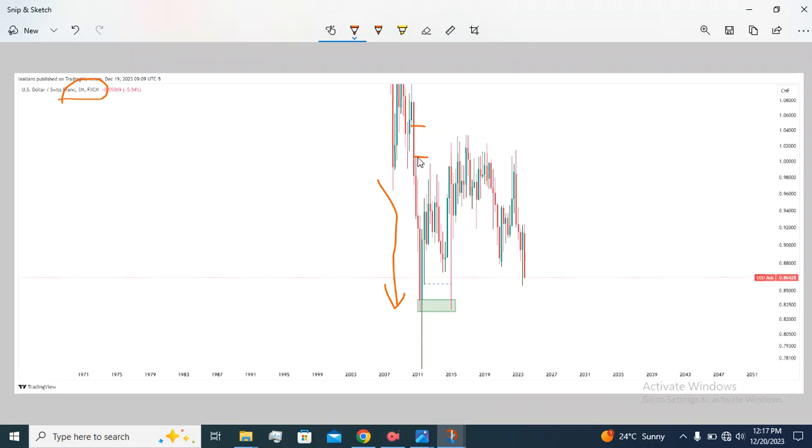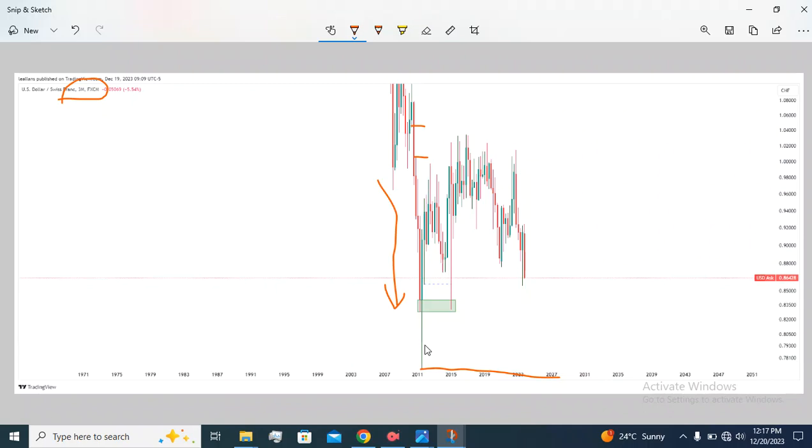This FVG here is acting as an internal liquidity, whereby the market just came and filled it, and it's now going for the external liquidity that is lying low below here.